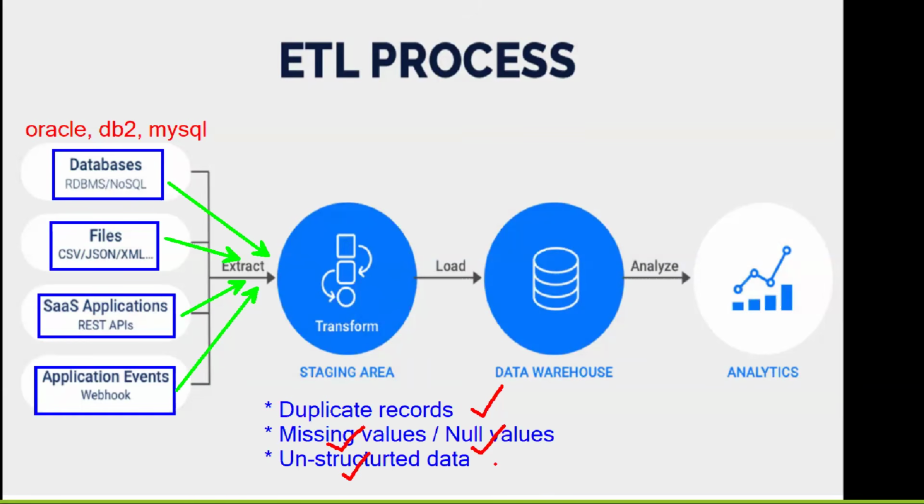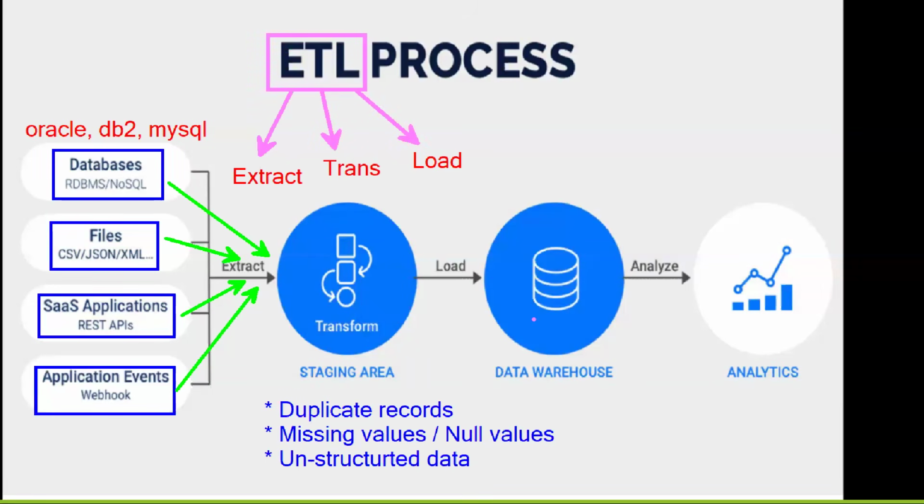So the whole process is called data transform. Yes or no? What's the first step? First step is data extraction. Next step, data transform. And next, data load. We can load data in a data warehouse.